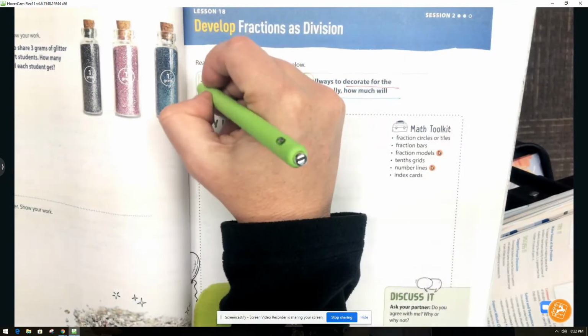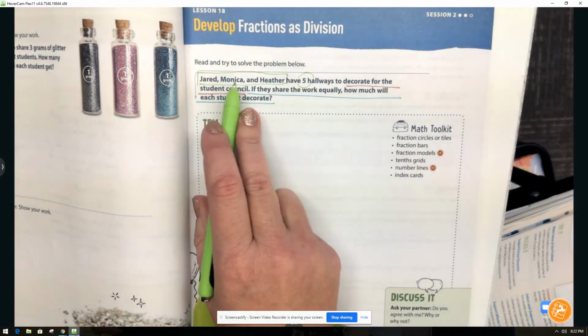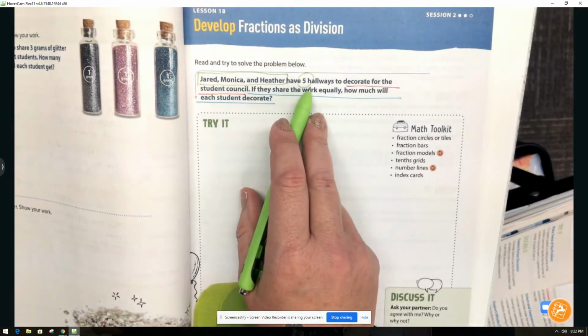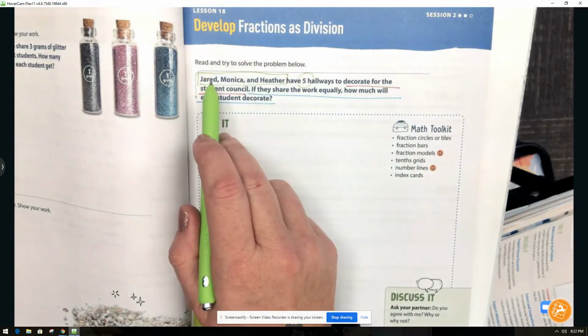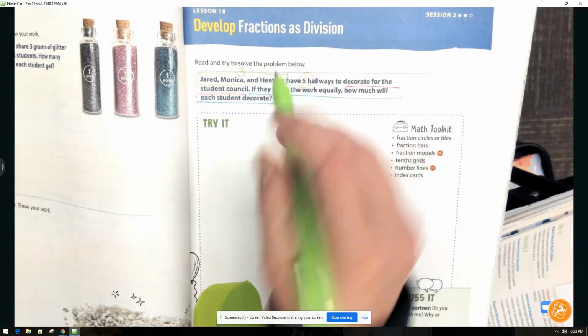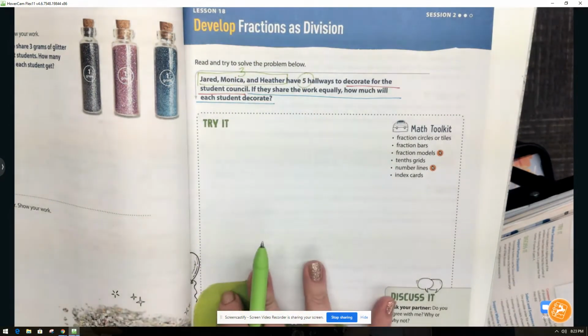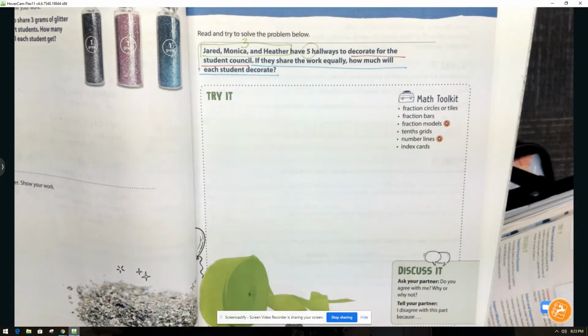However, they tell us this hint here. They tell us that Jared, Monica, and Heather will decorate the 5 hallways. So what that means is we have how many people? 1, 2, 3 people. So we have 3 people who are going to decorate 5 hallways. So we need to think about it. What is it that we're dividing up in work?